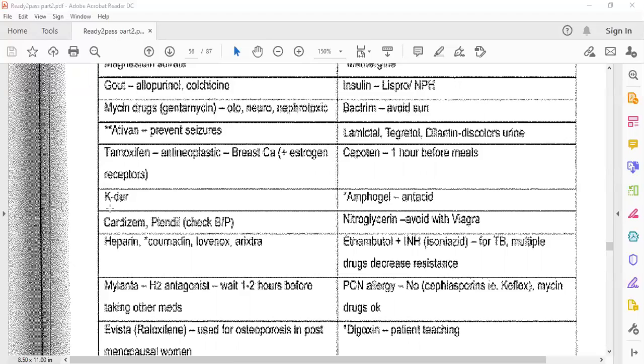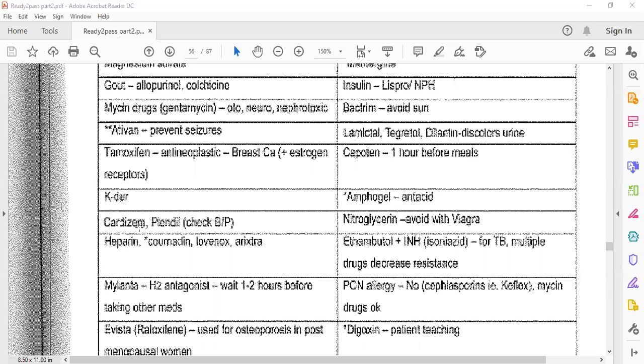Okay, so the next medication here is called Cardizem. This medication we basically use for heart problems.